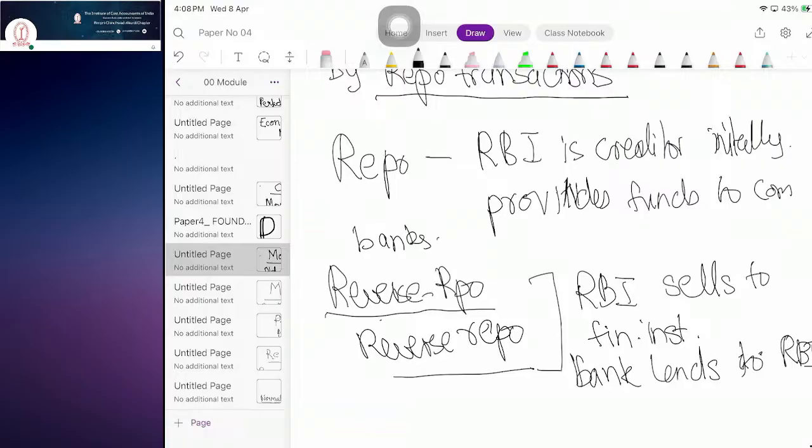So in the reverse repo transaction, what would you select? Which one of them looks correct? You have to see it in such a way that RBI is now the borrower in reverse repo.